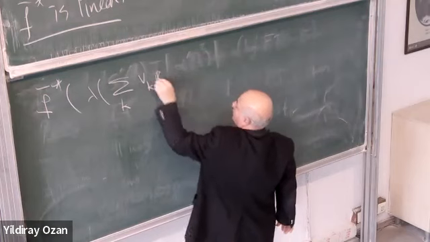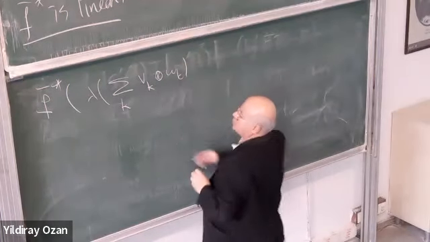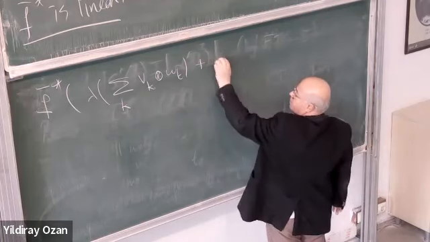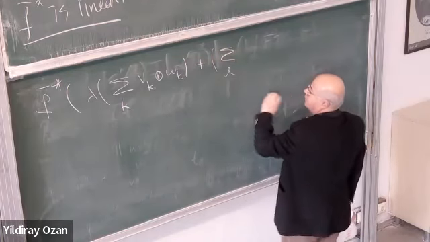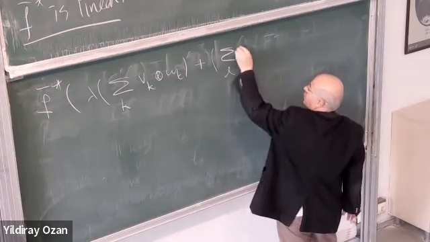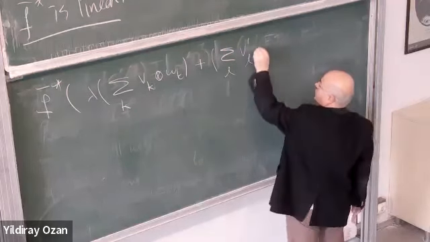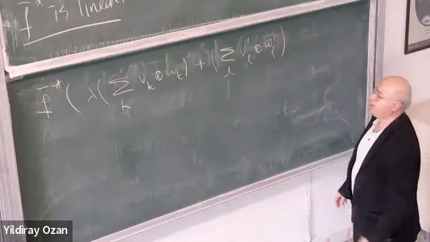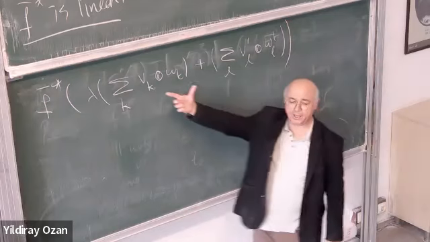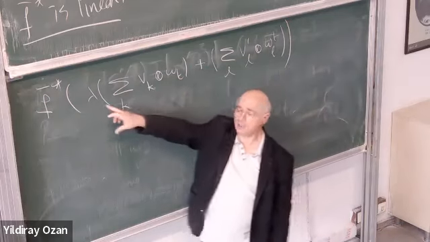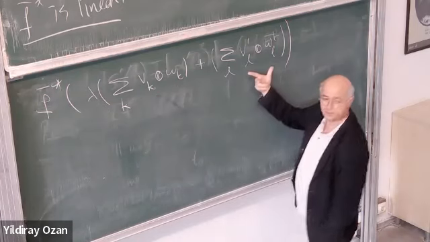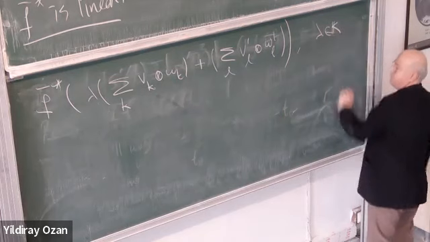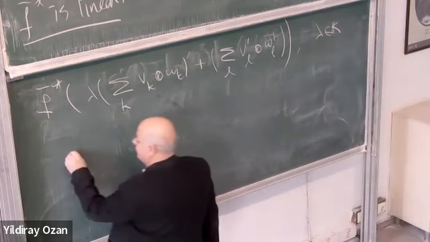So lambda times this element plus some other element, summation over l prime, v l prime cross w l prime. Okay. So I take one element from that vector space, multiply with the scalar, and then I take some other element. Now let's see what is this.